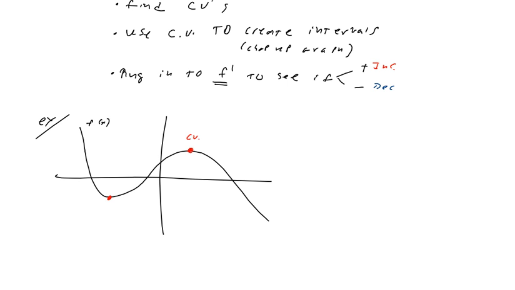Critical value where the derivative equals 0. Critical value where the derivative equals 0. Right? So that is like a section here where, let's say this is -2, and this is 1.